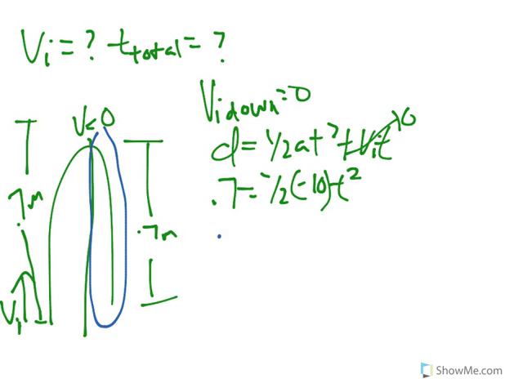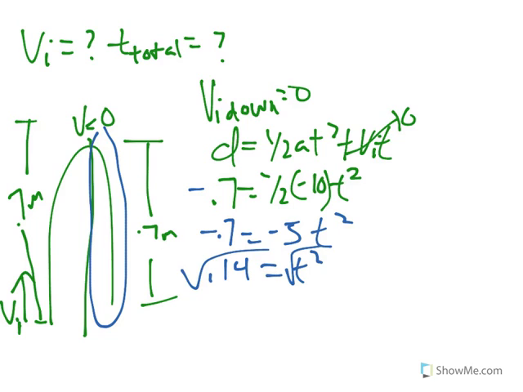So I get 0.7 equals negative 5 t squared. Remember the 0.7 needs to be negative because it's falling that far, and so we divide by negative 5 and we get 0.14 equals t squared.